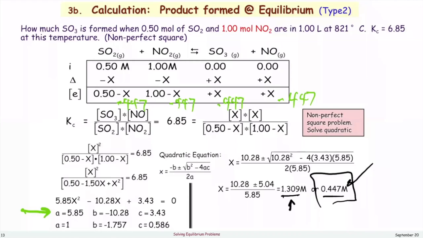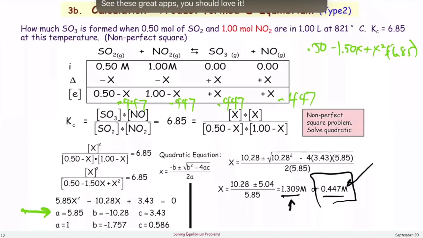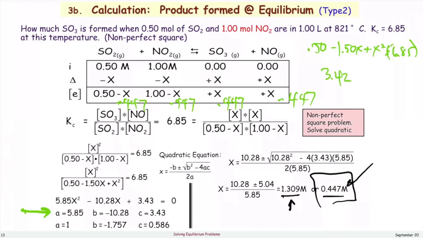So let me just do this again. You got 0.50 minus 1.50x plus x squared, and that's equal to x squared over 6.85. So if we do the quantity, 6.85 times 0.5, and remember that first term is x squared, it's going to be 3.42, or 3.43.